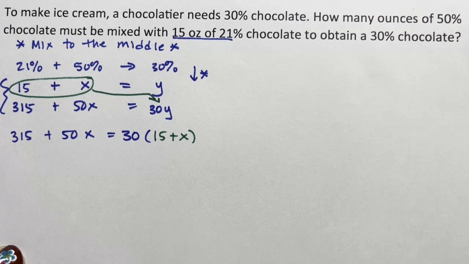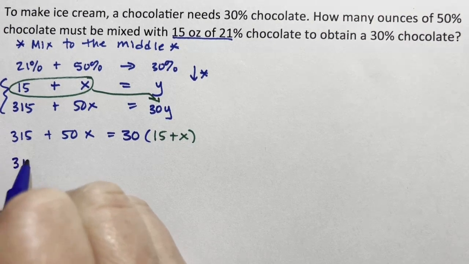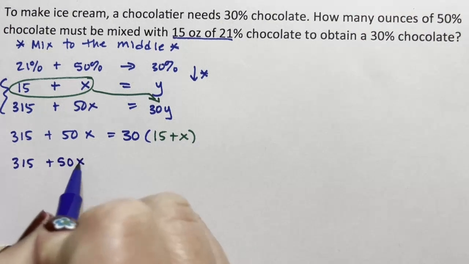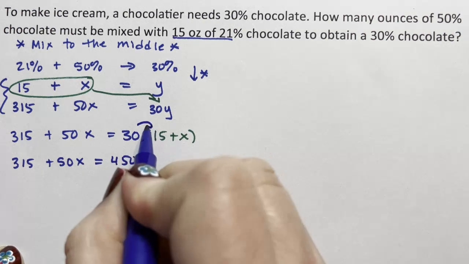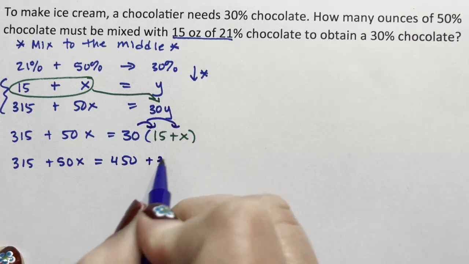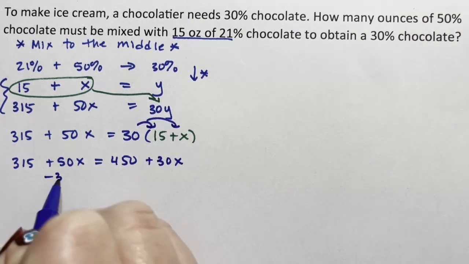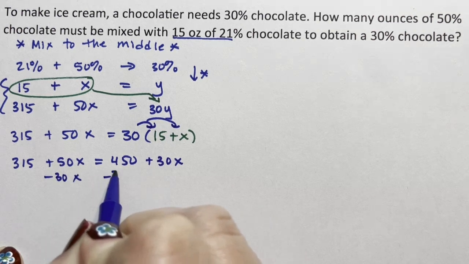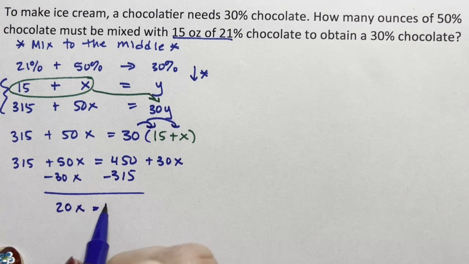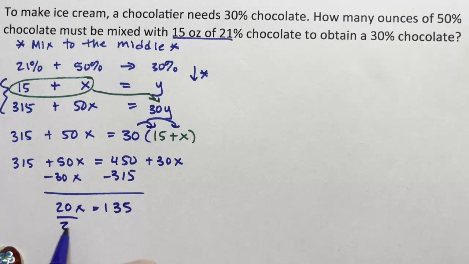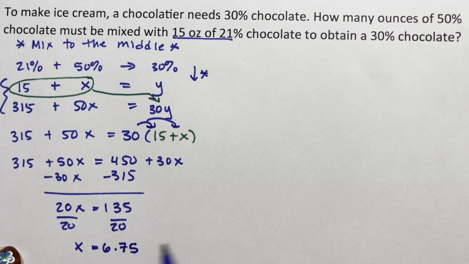So that I have 315 plus 50x equals 30 times 15, which is 450, plus 30x. I'm going to subtract the 30x from both sides and the 315 from both sides to give me 20x equals 135 and divide by 20. And I'm going to get that x is equal to 6.75.